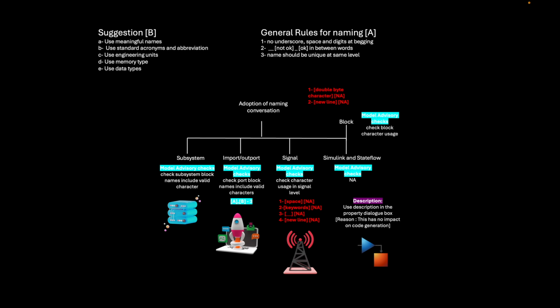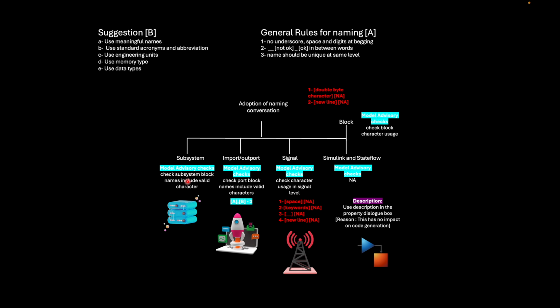And now coming to the adaptation rules. The adaptation naming conventions are divided into multiple segments, like subsystems, input port and output port, signal names, Simulink, and Stateflow names. So these are the naming conventions that need to be followed for all of these.